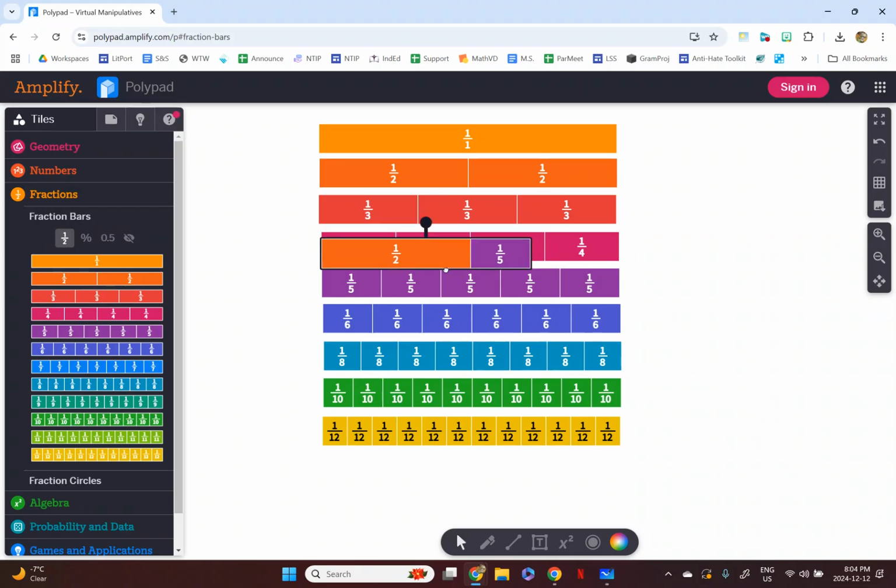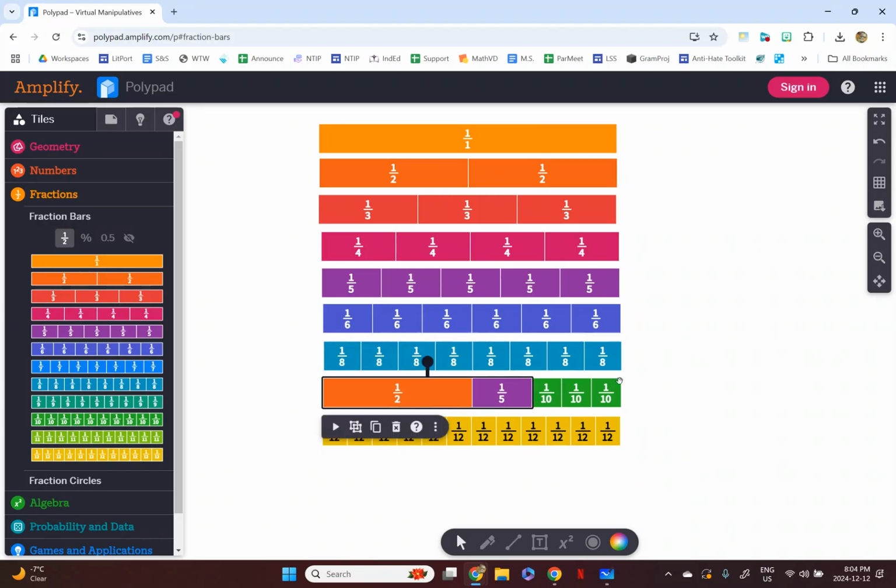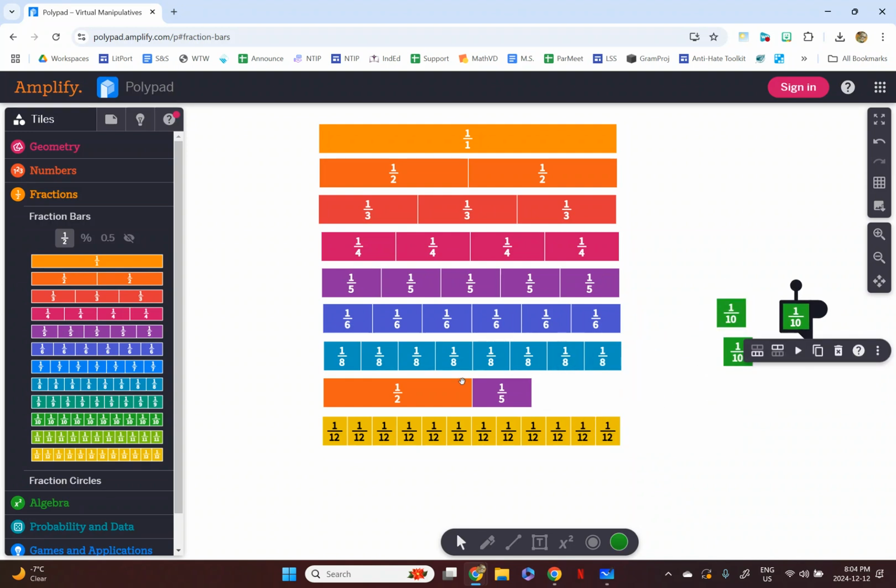So not with fourths, not with fifths. Sixths, that's pretty close, but it's just a little bit larger. Eighths, nope. But look what happens when I get to tenths. When I get to tenths, it lines up perfectly with that break. And what I'm going to do here is remove these extra tenths and see what's left underneath.